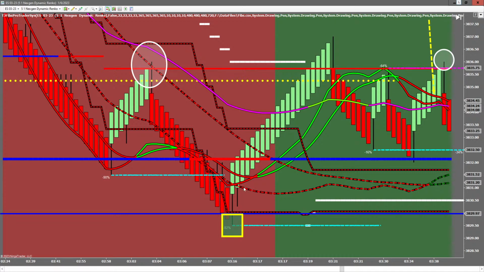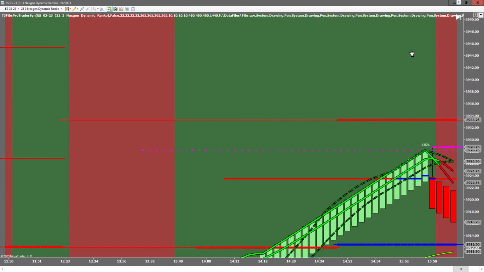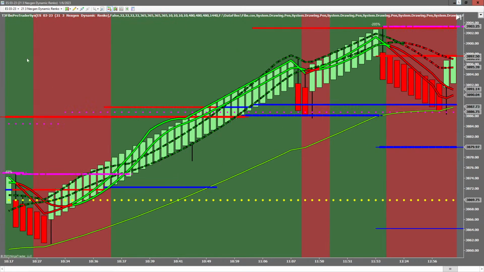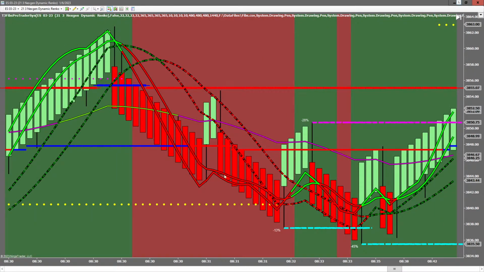So if you were going to take a continuation short because of your 21/3 chart, you guys understand what I'm saying here. Let me make sure. Let me not embellish. Let's just say hypothetically, we'll go back to yesterday or Friday.